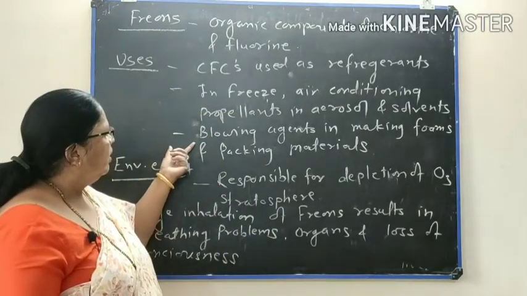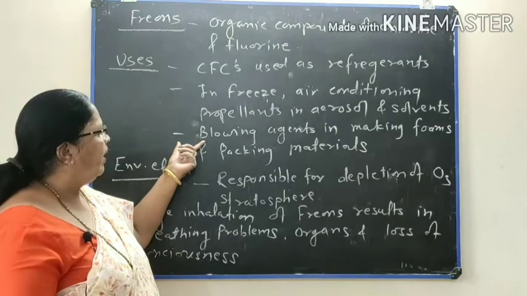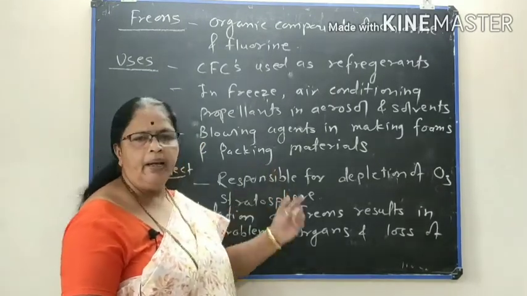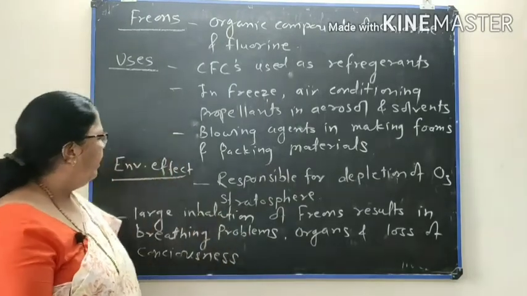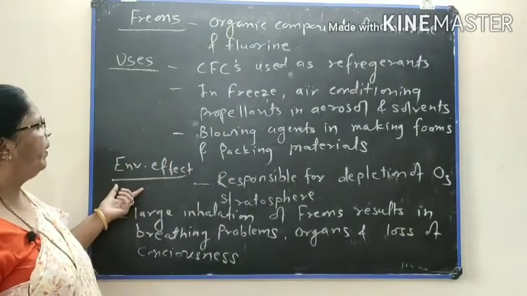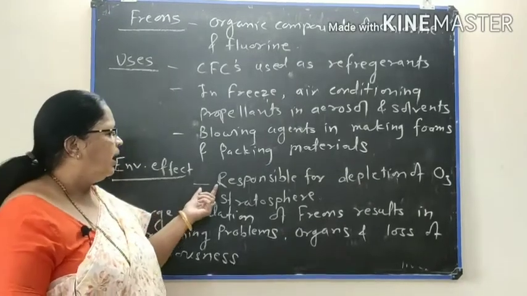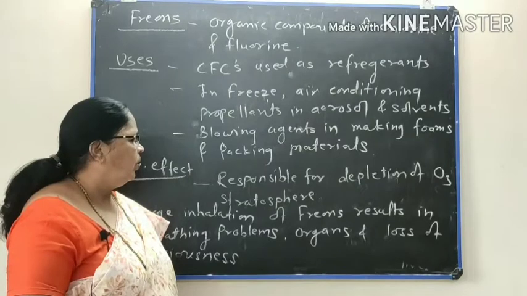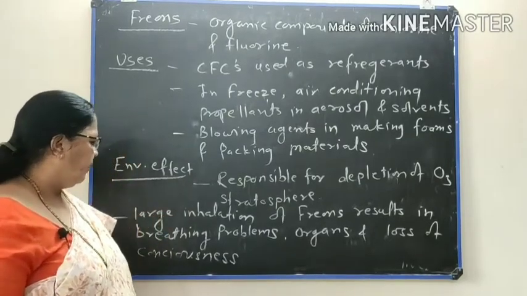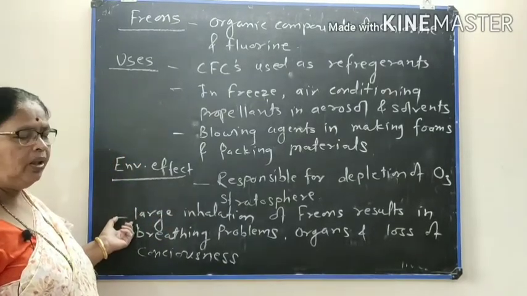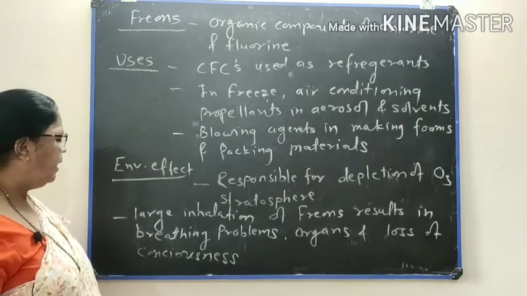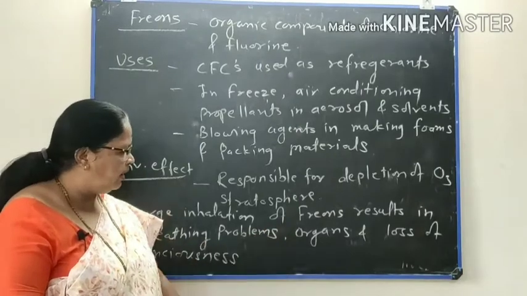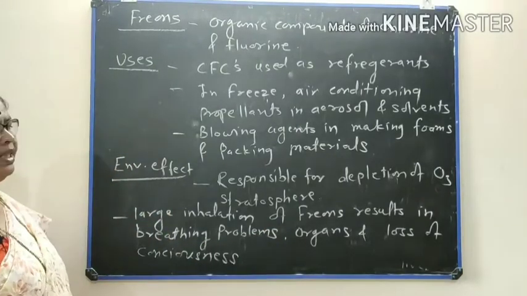And next, freon is mainly used as a blowing agent in making foams and packing materials. Then environmental effects of freons. First, responsible for the depletion of ozone in the stratosphere. Large inhalation of freons results in breathing problems, damage to different organs and loss of consciousness.